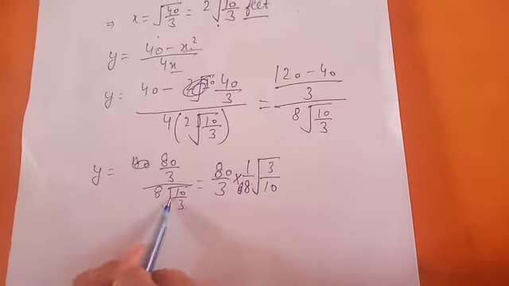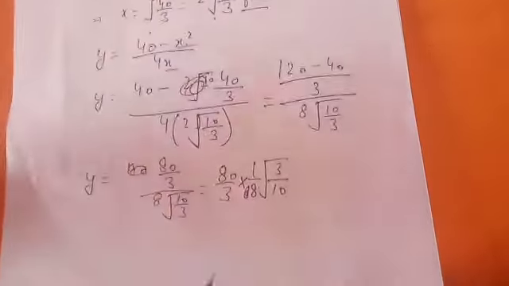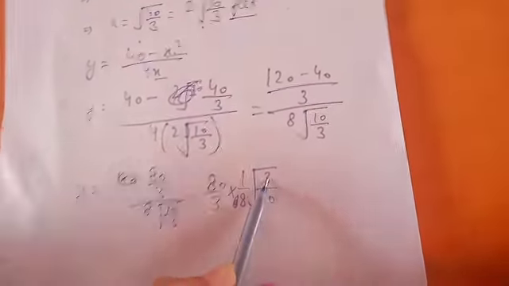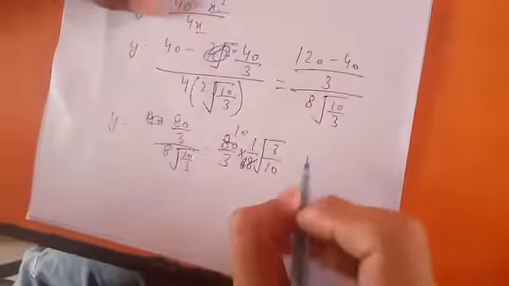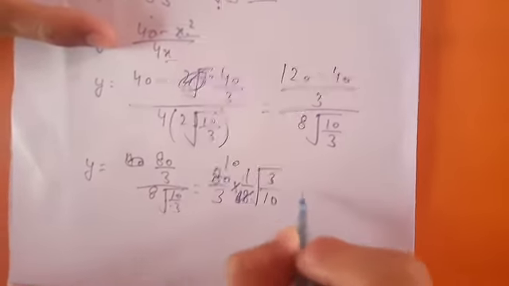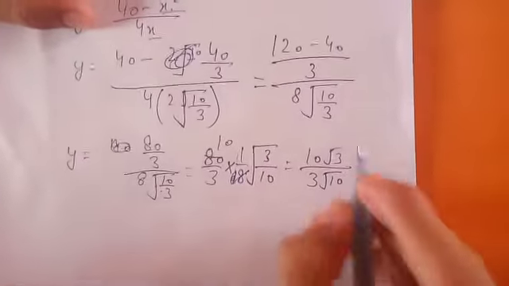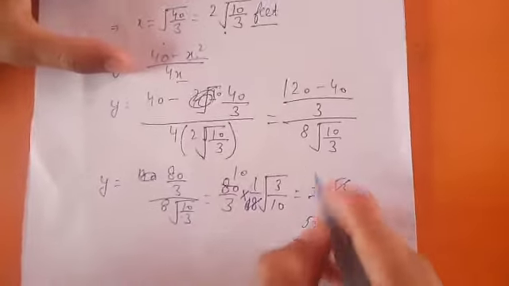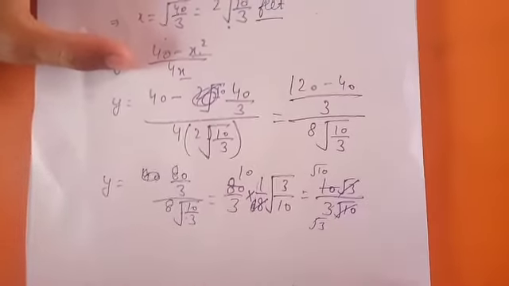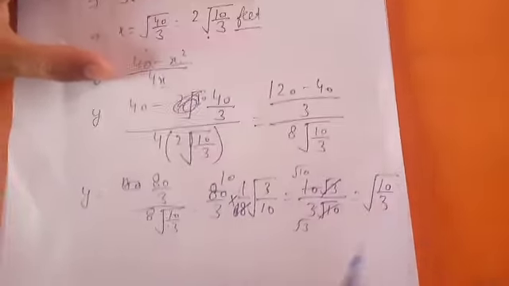Why? Because it is in the denominator, and if we multiply it with the numerator we have to take its reciprocal, meaning its denominator becomes the numerator and the numerator becomes the denominator. Now I can solve this. This will be 10, so it is 10 root 3 by 3 root 10. Root 3 cancels 3 by root 3 and root 10 cancels 10 by root 10, and we will get root 10. So at last we got its value as 10 by 3 under the root.